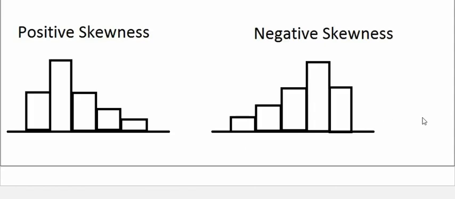Also, I wanted to share an example involving incomes. So my first job when I was at high school was at Burger King, and I was making, I think, $6 an hour when I started. And if you look at the hourly wages of people at a fast food company like Burger King, you'll have a lot of people down at the low end of the population because you'll have a lot of cashiers making the lowest possible salary, and they'll all pile up at the low end of income.